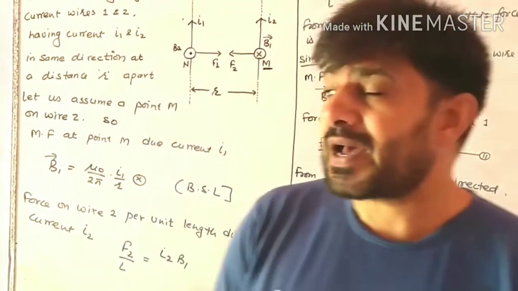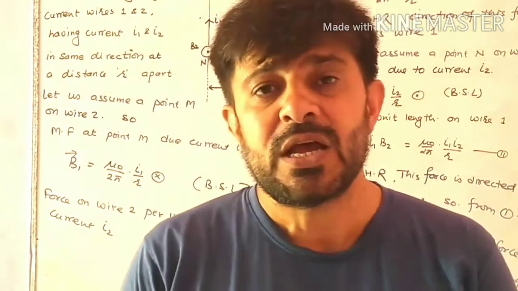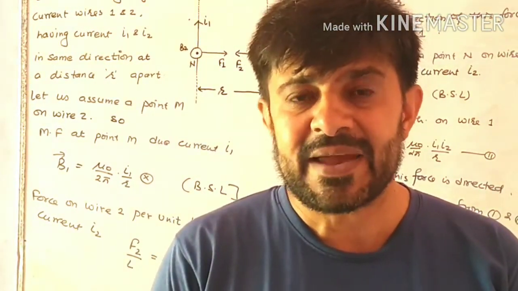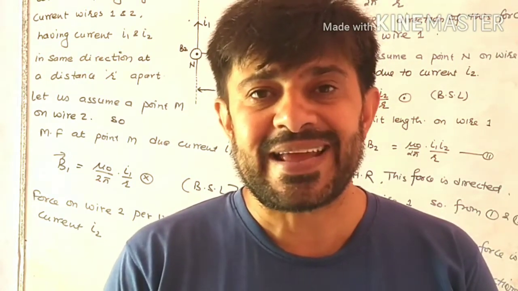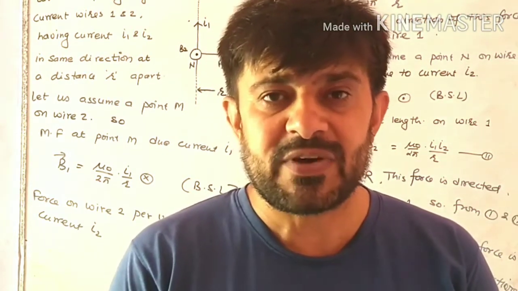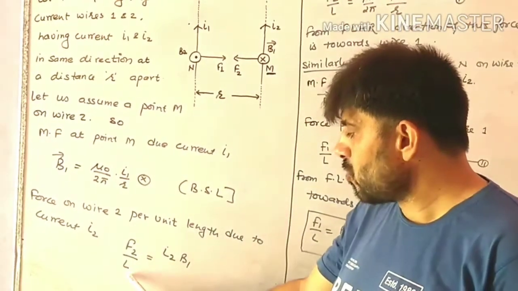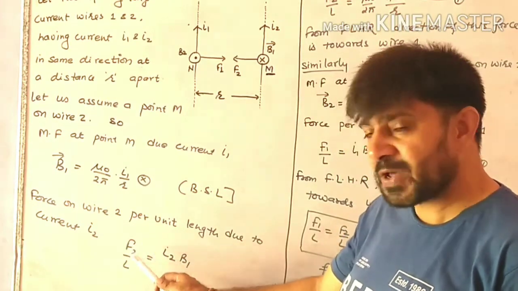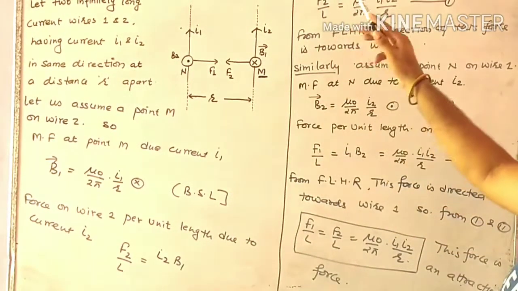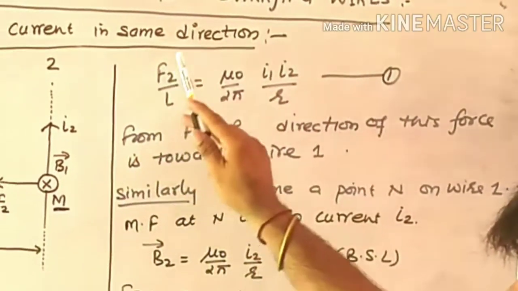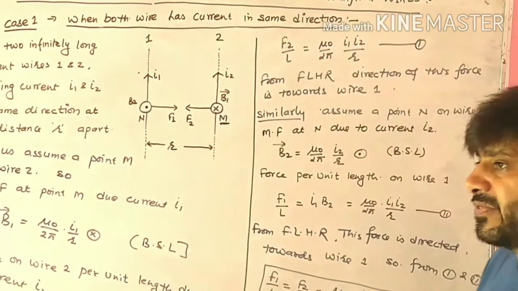Since the current direction and the magnetic field are perpendicular to each other, sin theta will be taken 90 degree, so force will be IBL. Since current is I2, magnetic field is B1, and length we have taken per unit length, F2 by L will be force per unit length, I2 B1. Putting the value of B1 from here, we will have F2 upon L equals mu 0 upon 2 pi I1 I2 upon R. We will call it equation 1.